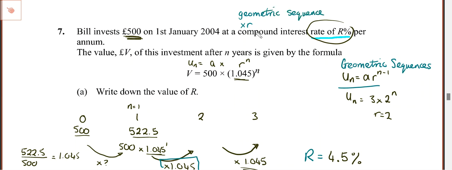So because I've identified that, I know this is the formula, and then they give me that, so I can see this formula and that formula share structure. So this 500 is my a, my first term, and this is the r, the 1.045.